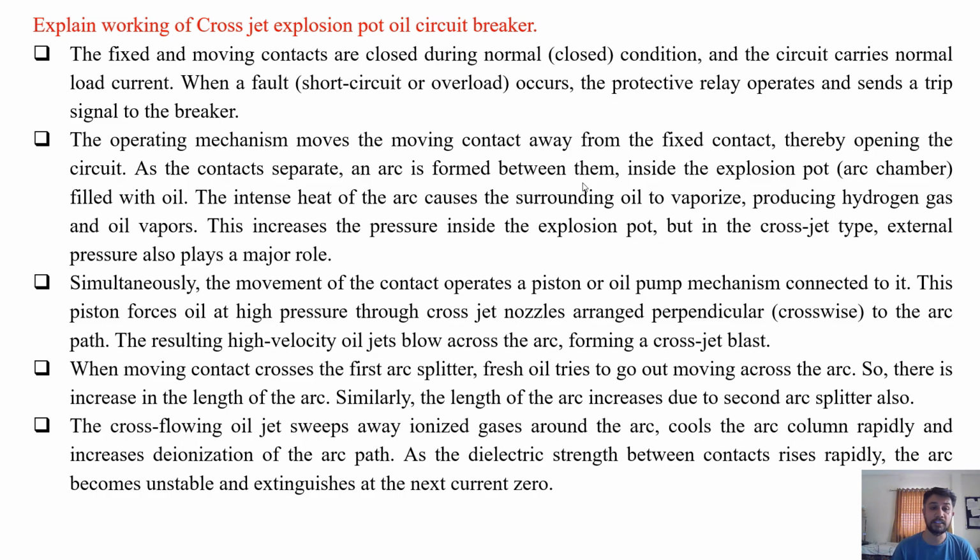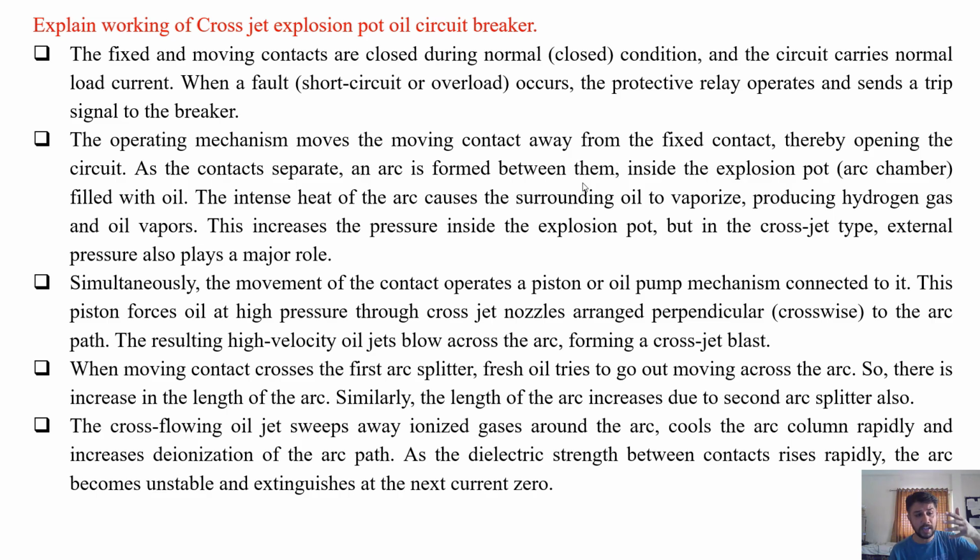Simultaneously, the movement of the contact operates a piston or oil pump mechanism connected to it. This piston forces oil at high pressure through the cross-jet nozzles, the arc splitters, and between them there is a nozzle. This nozzle forces fresh oil inside the arc chamber.